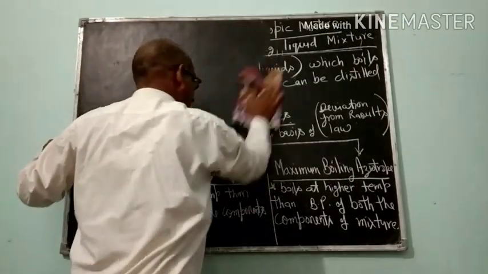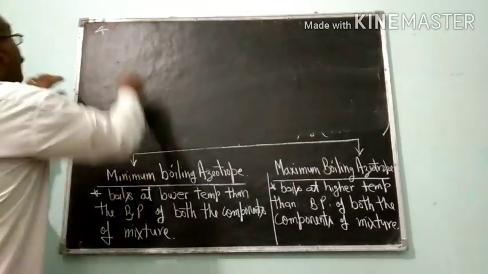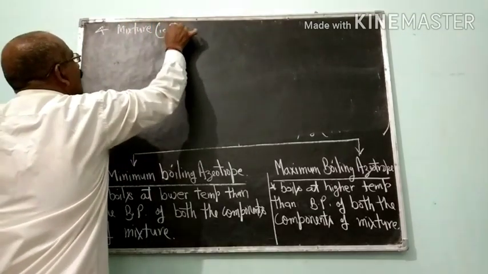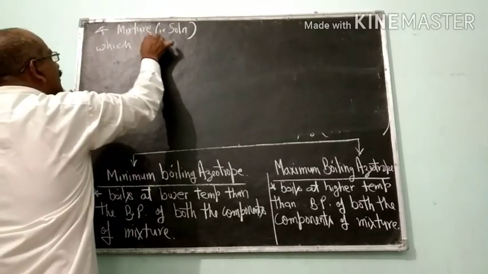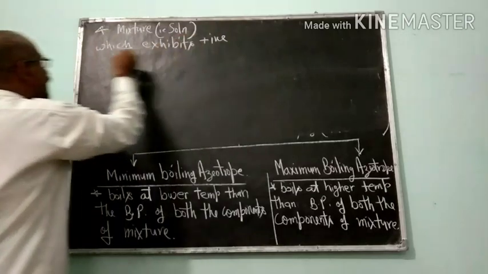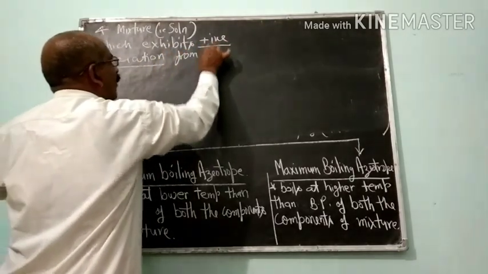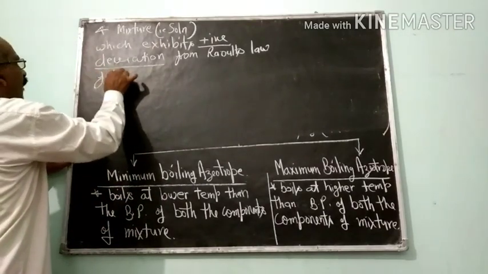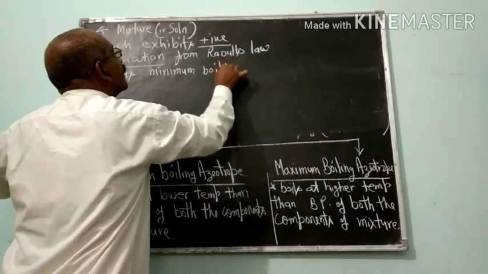Firstly, minimum boiling azeotrope. Remember, the mixture, or you can say solution of two liquids which exhibits positive deviation from Raoult's law forms minimum boiling azeotrope.